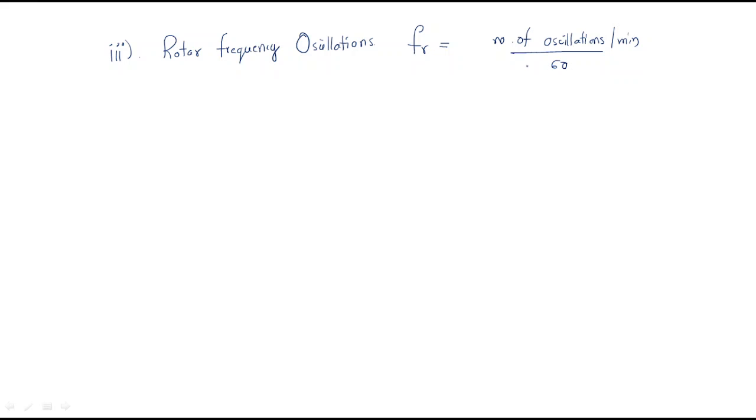By doing this we can find out Fr. After getting Fr, we know Fr equals S times F, so from that we can find the slip value equal to Fr by F.